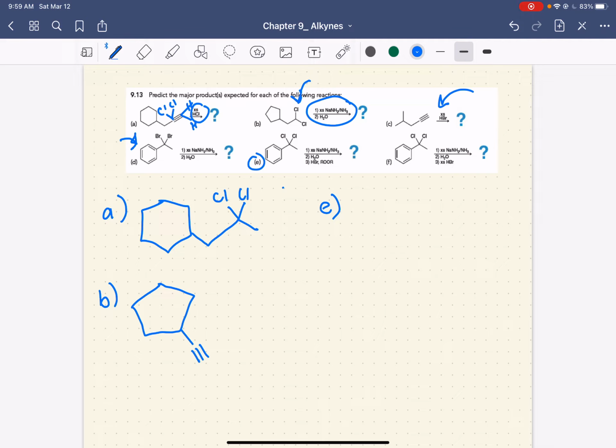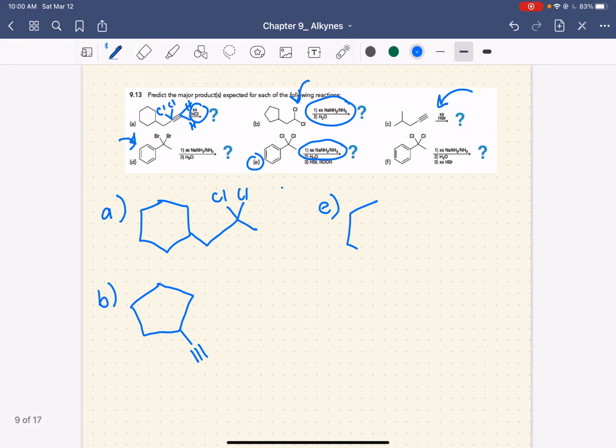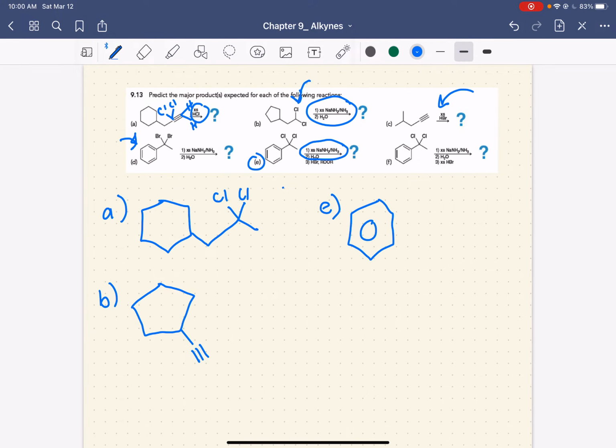After we've made our triple bond, we're now treating with alkyl halide, but with peroxide, so anti-Markovnikov addition. Let's do this in 2 steps. Our first step here, we're forming a terminal alkyne. So we're going to go ahead and draw it. This is going to look like this. This is what we're forming in those first set of reagents.